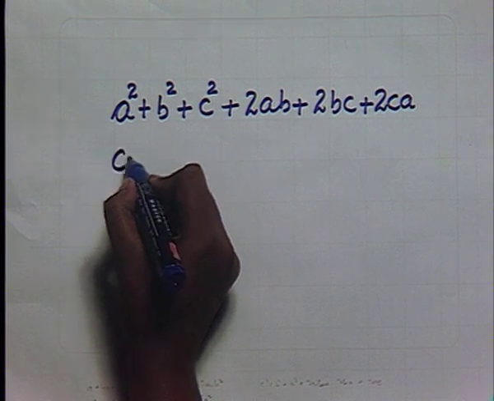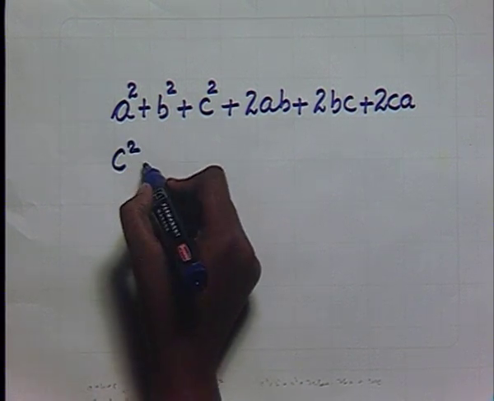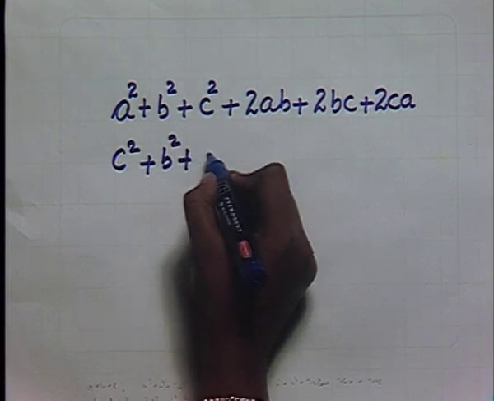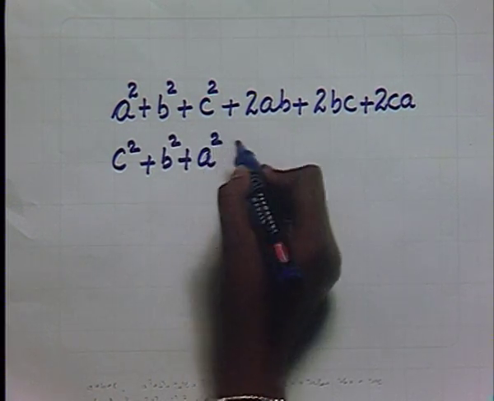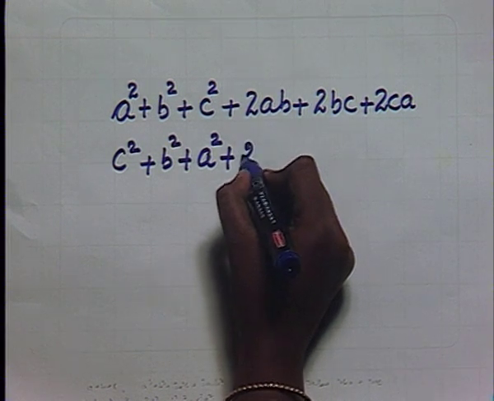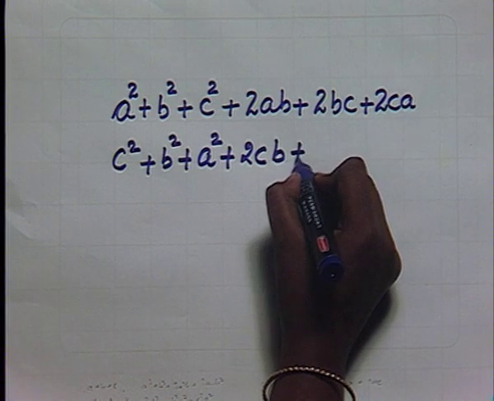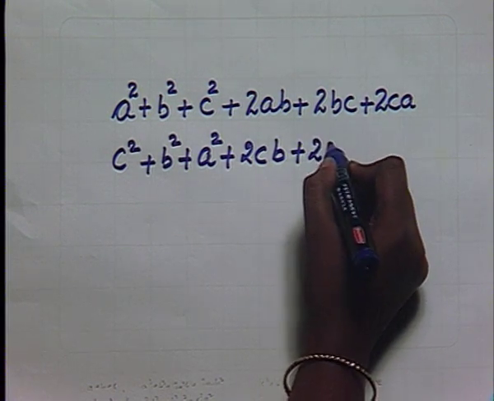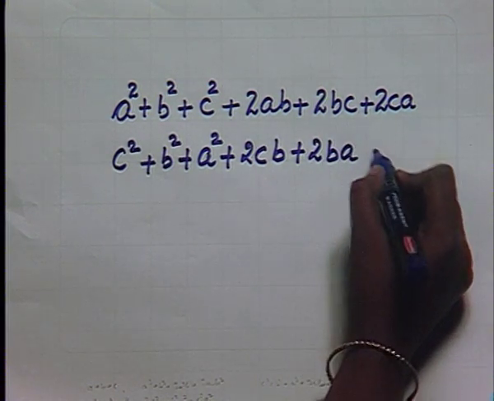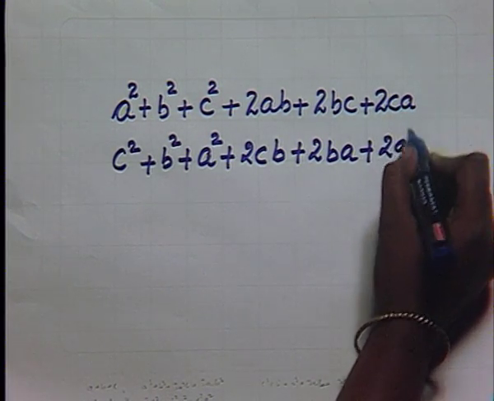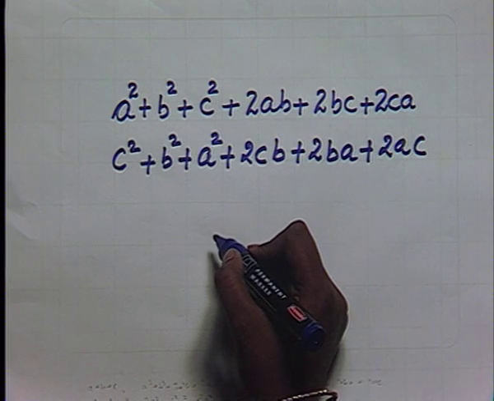a square becomes c square, b square remains as it is, c square becomes a square, plus 2 times ab, a becomes c, so this is cb, plus 2 times bc, b remains and c becomes a, plus 2 times ca, c becomes a and a becomes c.